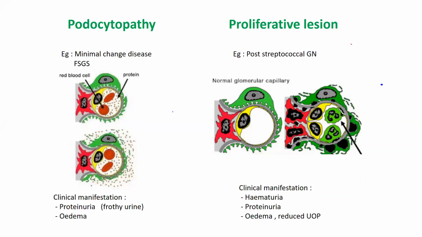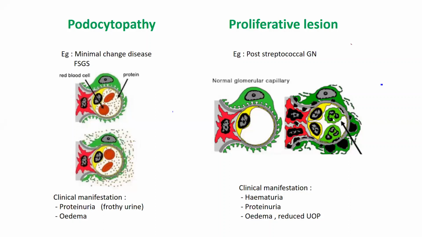As opposed to that, if the damage is happening on the inner side of the glomerular basement membrane, so here when it's podocytes, it's on the outer side. If it's happening within the glomerular basement membrane, on this side, on the endothelial side, there you get what are called proliferative lesions. With this damage, there are a lot of neutrophils, a lot of inflammatory cells coming. They will damage the endothelial cell, and then whatever is within the blood vessels will start leaking through the kidney.